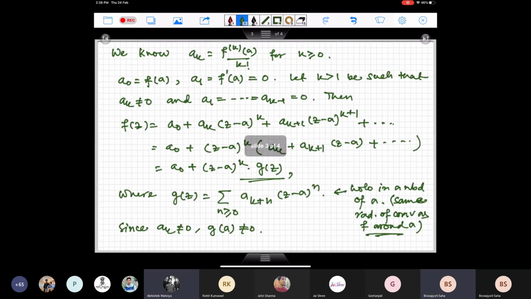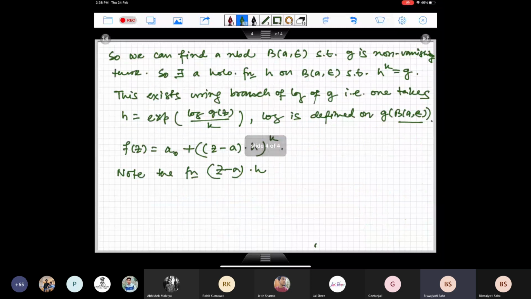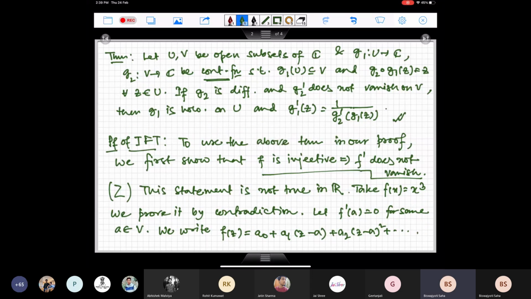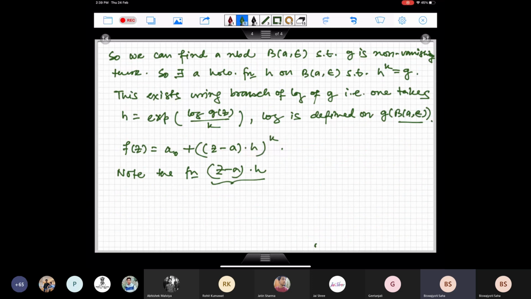I'm treating this as a whole at this moment. So f(a) is a naught. Note that this function vanishes; h is a holomorphic function, and the product vanishes at z equal to a.